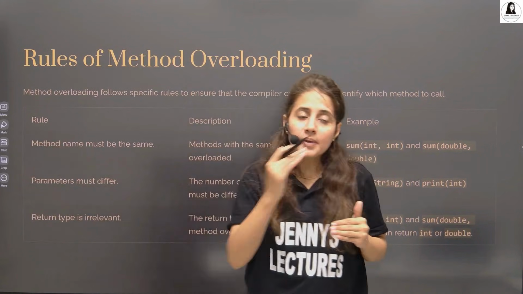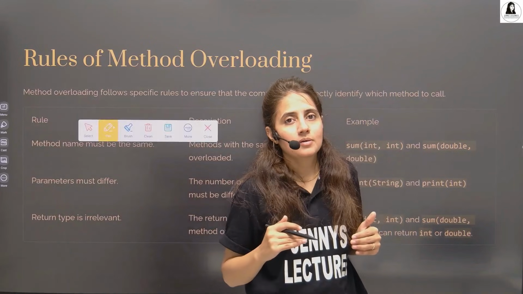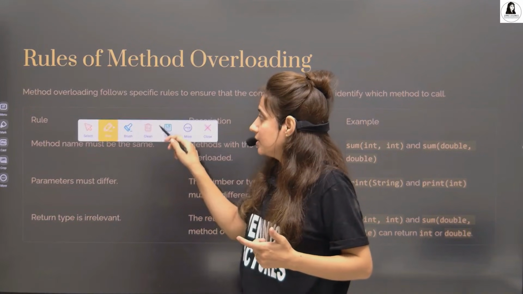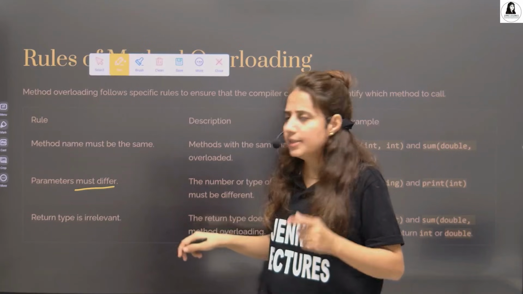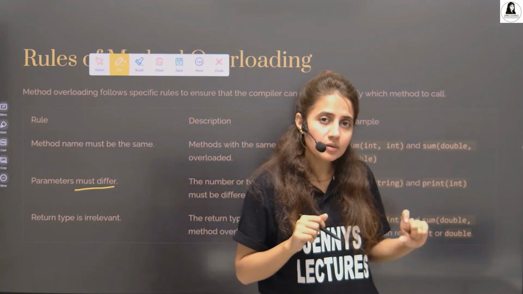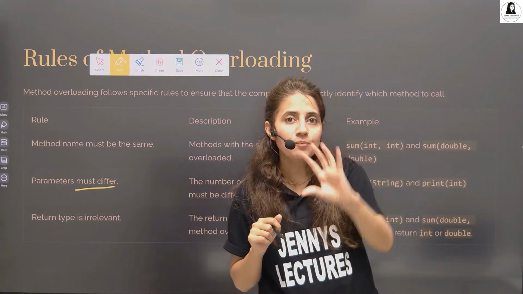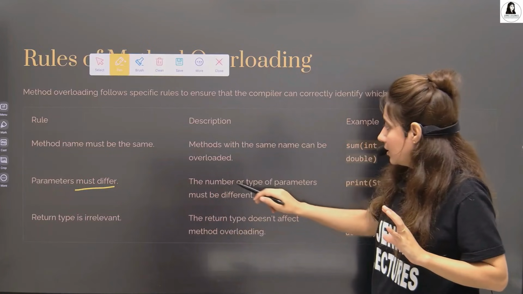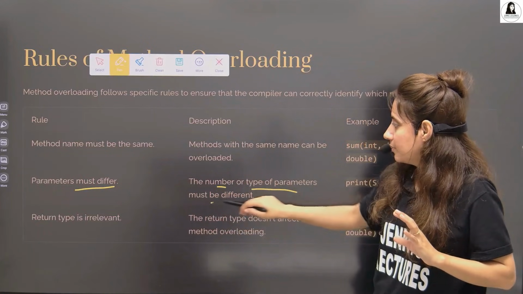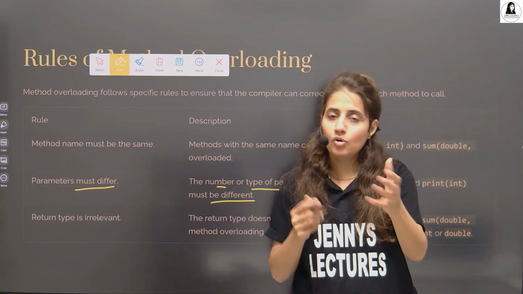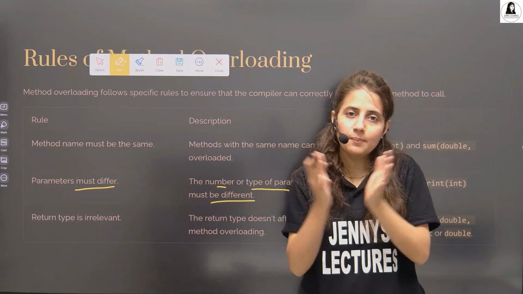Now parameters must be different. How can parameters be different? Either you can change the number of parameters, or you can change the type of parameters. The number or the type of parameters must be different, or both can be changed: the number is changed and the types are also changed.